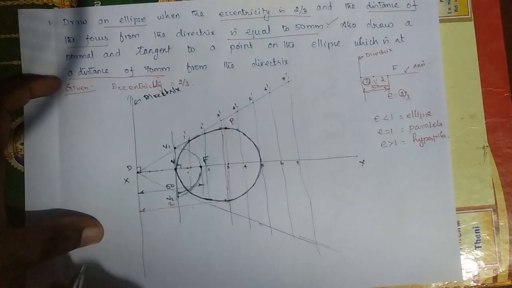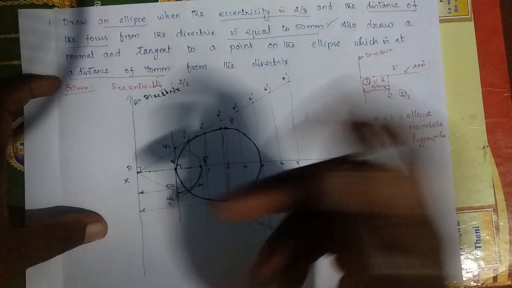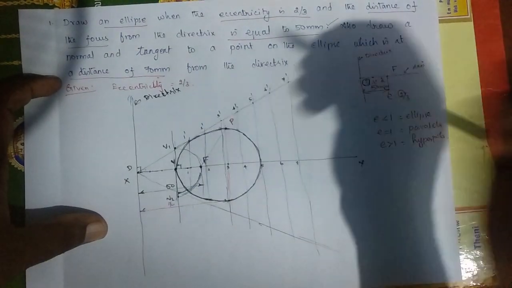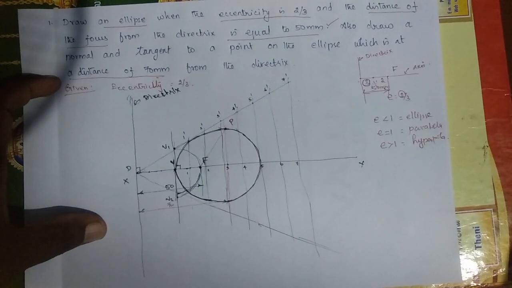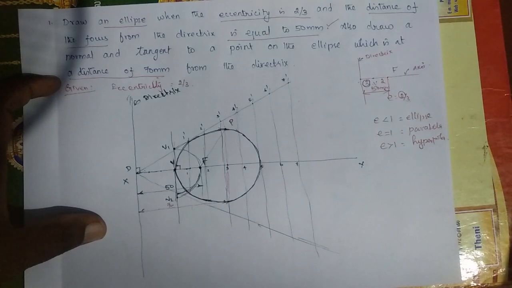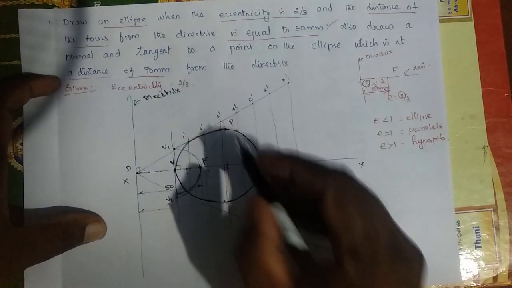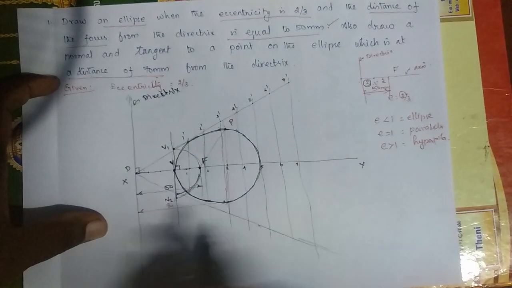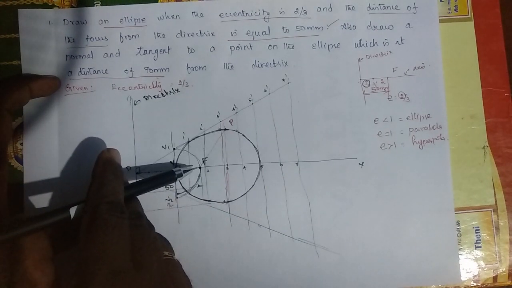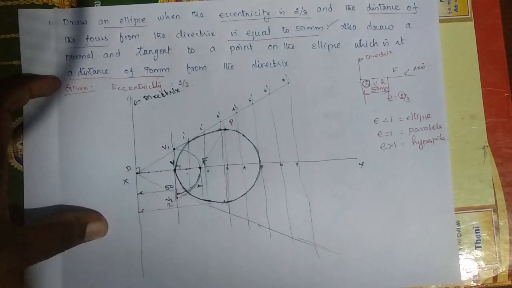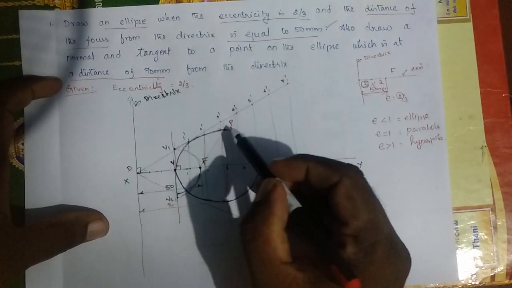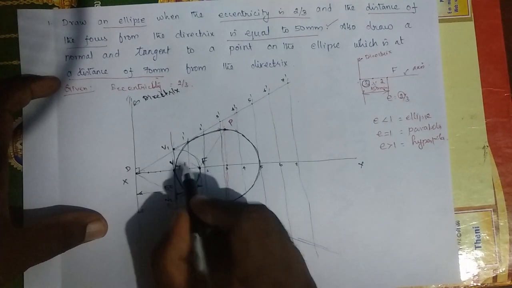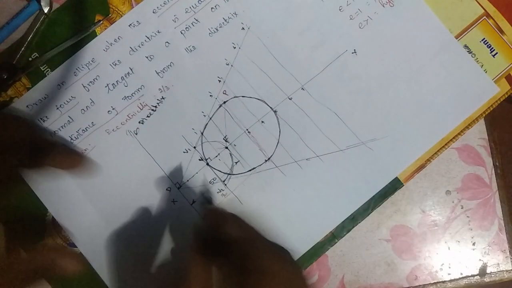Okay, so now from point P directly connect the line to the focus. So simply from point P, just draw a line which connects to the focus. So from P to F simply draw a line, and to P to F you draw a perpendicular line.